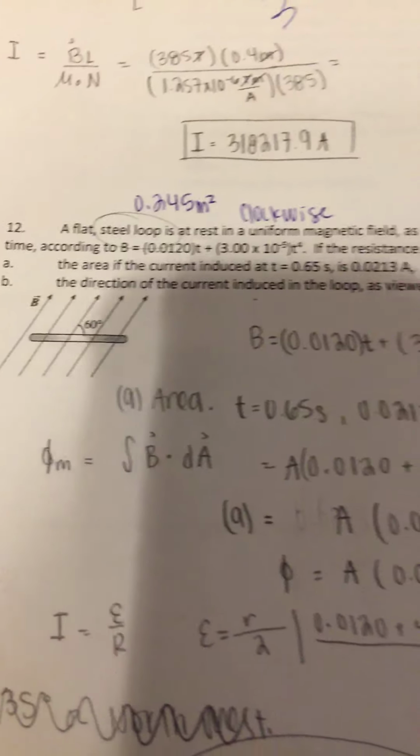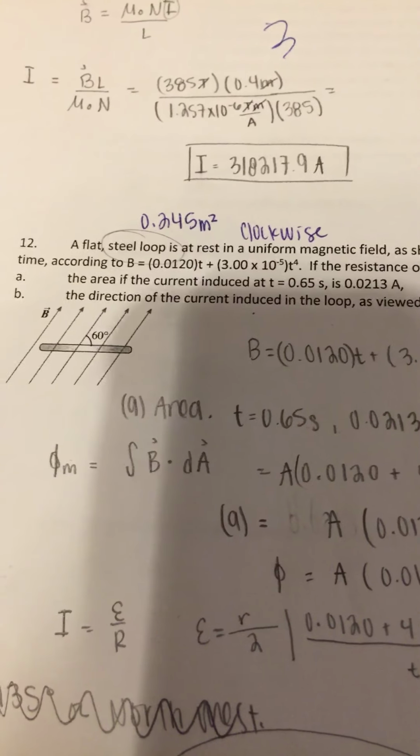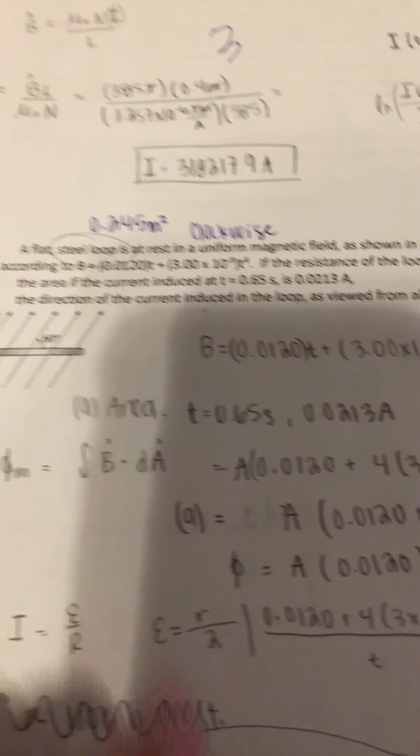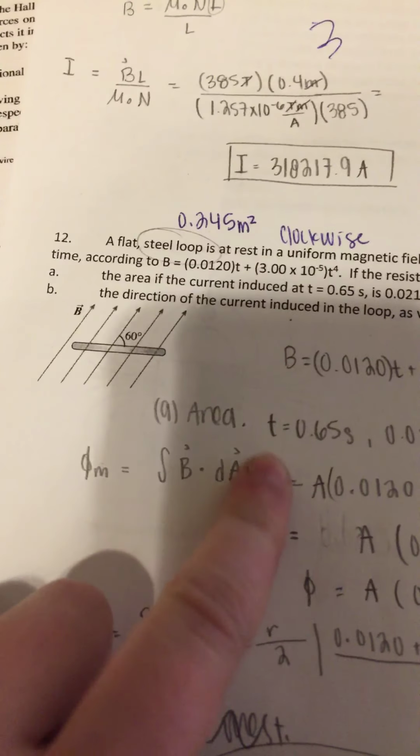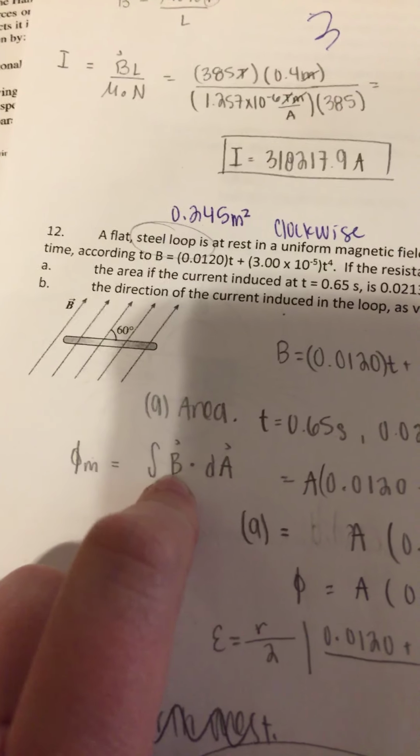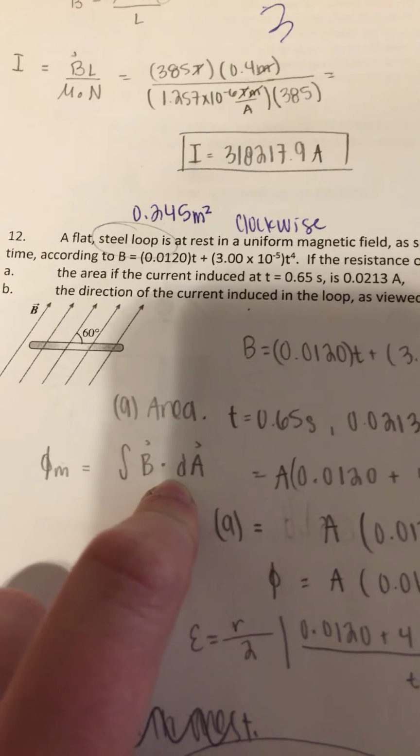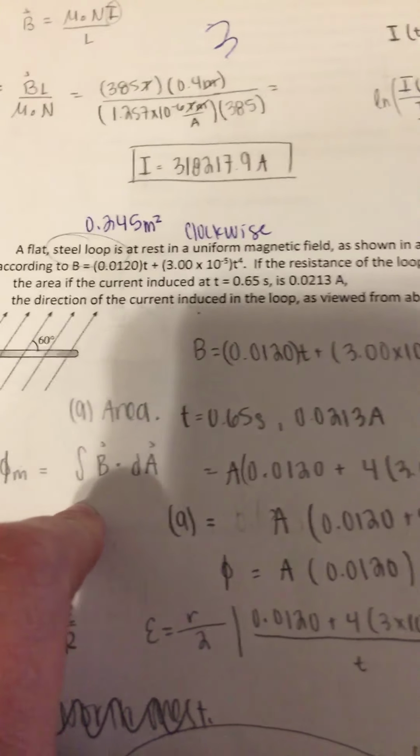The next problem that I got wrong was number 12, and I understand it to the point where this is the equation and you're trying to find A, so you would take the derivative of both sides and it would get rid of the integral.